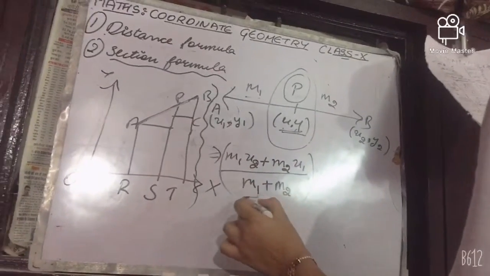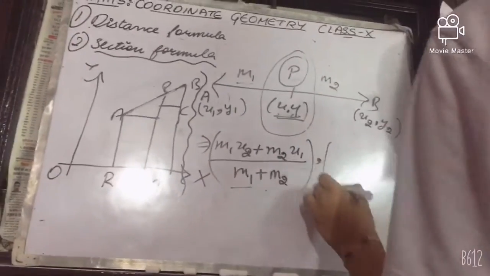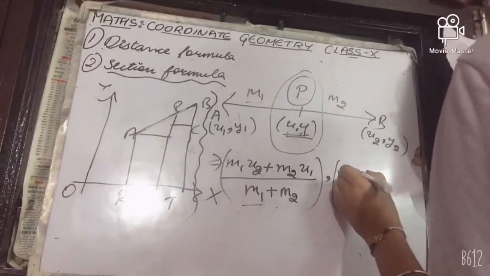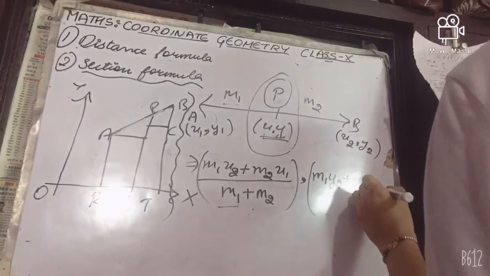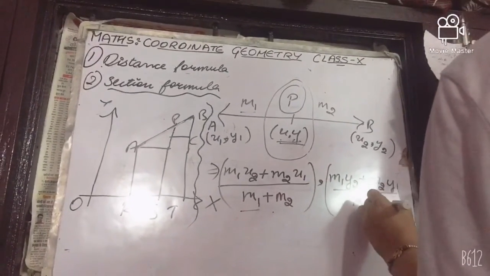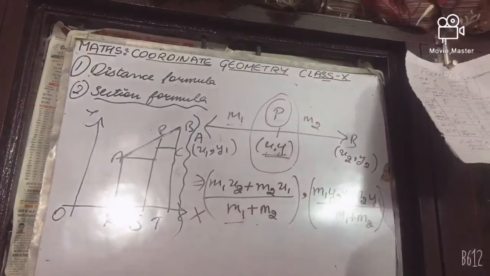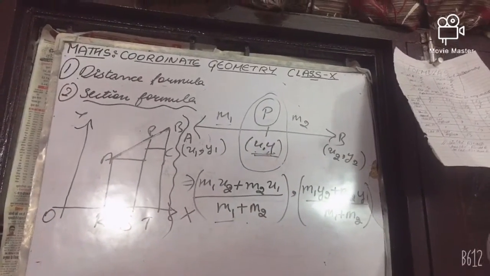So this is for the x coordinate, and for the y coordinate we will write m1 y2 plus m2 y1, divided by m1 plus m2. This is the formula. This type of m1 and m2 formula is given in your NCERT.